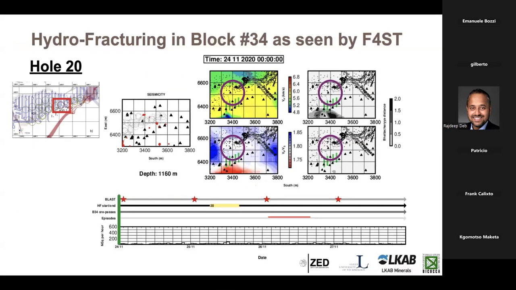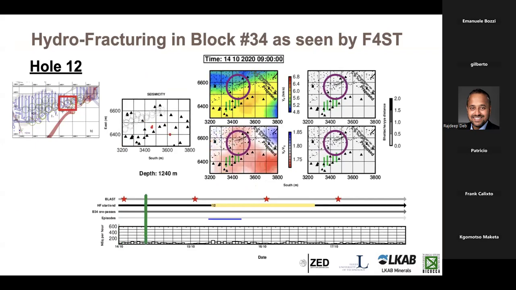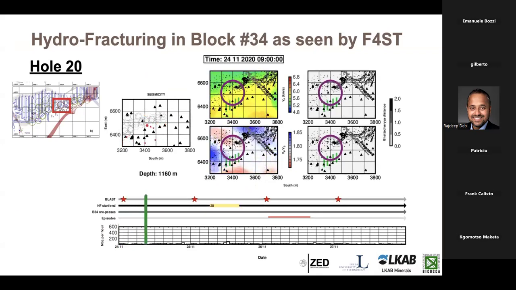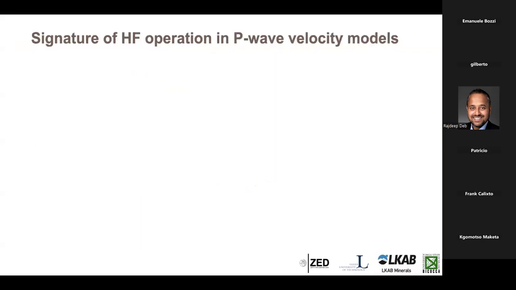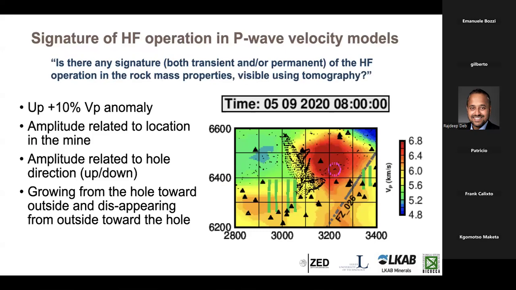So, sorry, this is the second one. Which is the signature of this hydrofracturing operation in the P-wave velocity model that we saw in our experiment? Basically, we have an increase in VP velocity of up to 10% during the hydrofracturing. But the amplitude of this anomaly is related to the location in the mine.